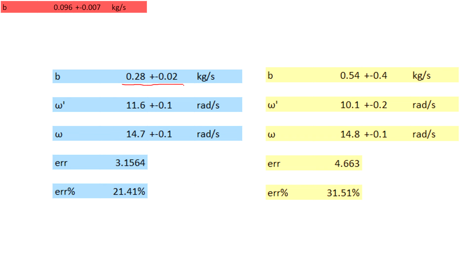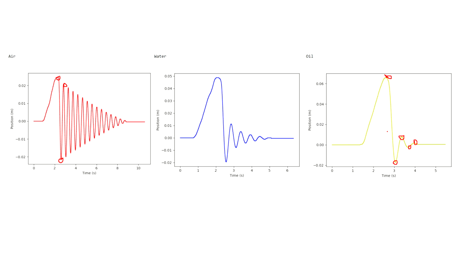Here are the respective damping constants. As you can see, oil's is higher, it's double the one of water, so it damps faster. Here, the omega with apostrophe is the experimental angular velocity we get from the formulas we saw at the beginning. How we calculate it is using the positions.